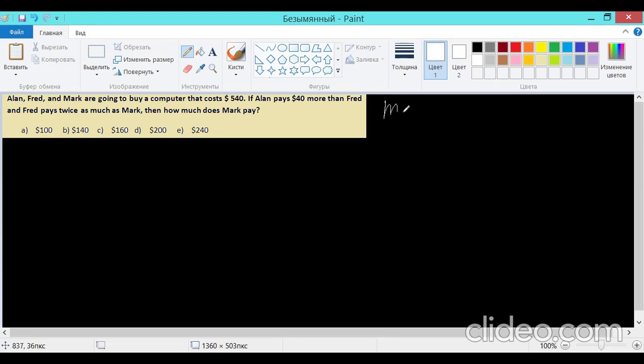So I am writing Mark, x dollars. Okay. Now we are following backward. So we've got that Mark is ready to donate x dollars in order to pay for the computer, and Fred pays twice as much as Mark.